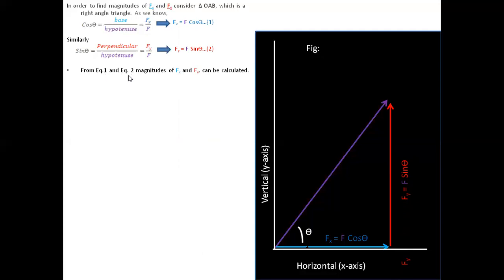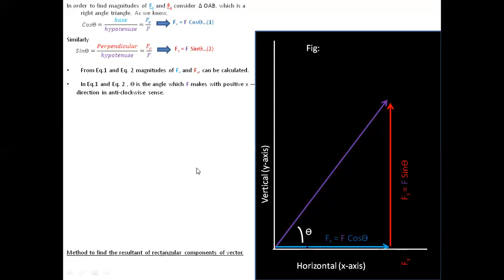From equation 1 and equation 2, we have the magnitude of Fx and Fy, and it can be calculated. After knowing the force or the vector of force and the angle, we can find the horizontal component as well as the vertical component. In equation 1 and 2, angle theta is the angle F makes with the positive x direction in anti-clockwise sense, that means we can find out the direction of these two components now.